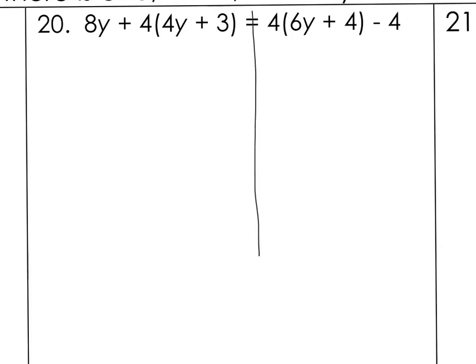This one is a big one. We're going to have to distribute on both sides. 8y plus, we're distributing 4, times 4y, plus 4 times 3, and we can end that distributing because we're going to go to the other side.